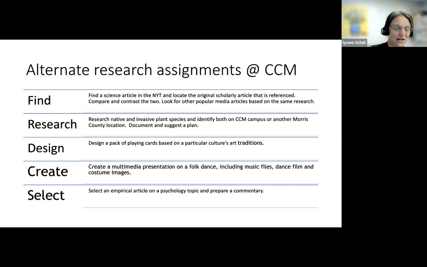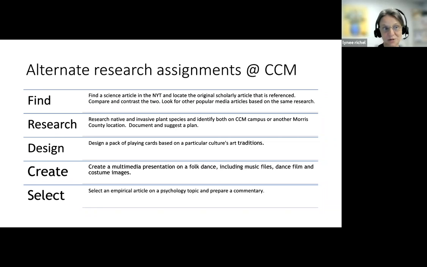So what I'm showing here are some alternate research assignments that we've seen at CCM. The very first one was something that an adjunct professor of biology, who later became a full-time professor at CCM, gave to her students in her concepts in biology class.